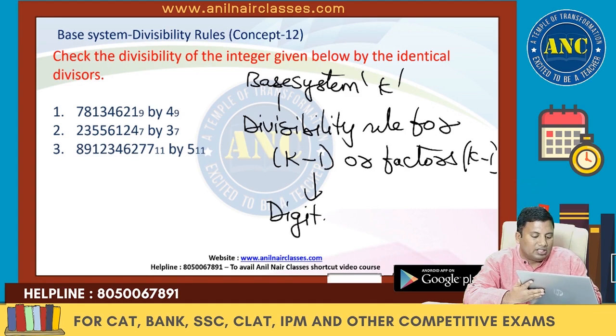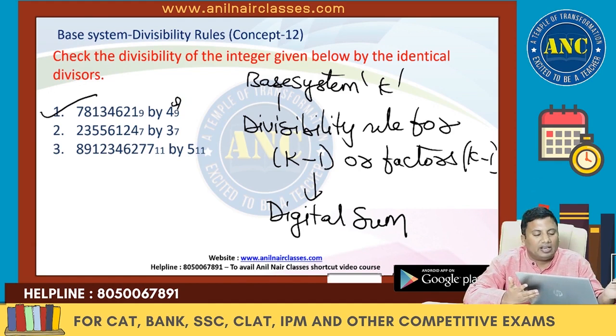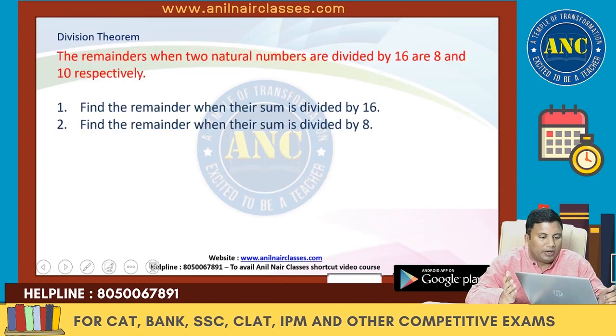It is a digital sum. Base 9, K minus 1 is 8, 4 is a factor of 8. Digital sum. Base 7, K minus 1 is 6, 3 is a factor of 6. Base 11, K minus 1 is 10, 5 is a factor of 10. Concept 12 over. Concept 13 over. I hope it is clear.